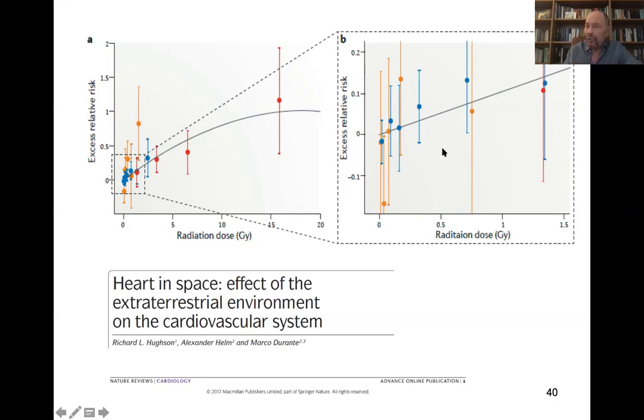Even though the exposure conditions are very different, they are pretty much in the same range. And they are not incompatible with the linear behavior at low dose. But we have no firm evidence. This is compatible with the linear behavior at low dose and then a saturation at high dose, but it's still unclear. And this is clearly something that we need to clarify.